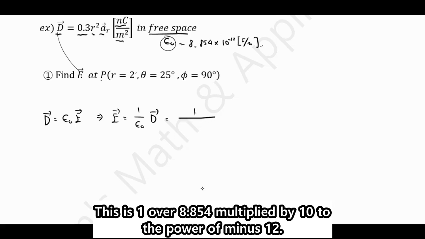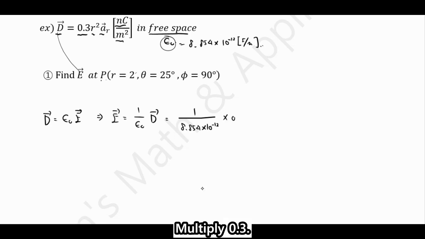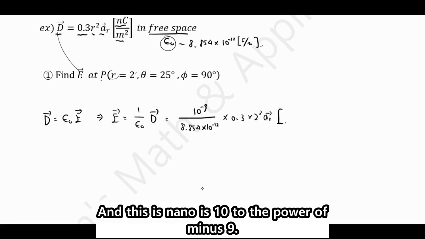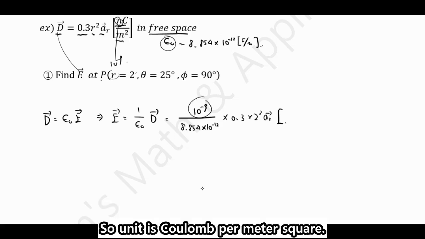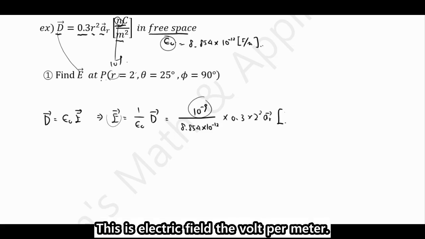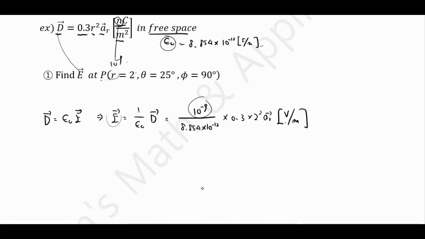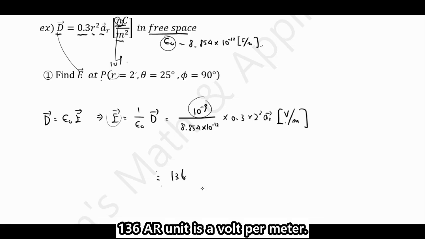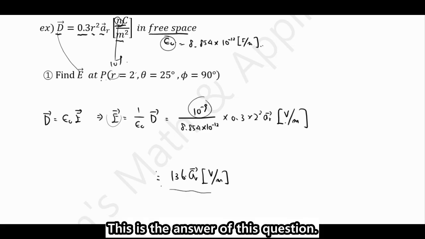So this is 1 over 8.854 multiplied by 10 to the power of minus 12, multiplied by 0.3, with r equal to 2, so 2 squared a_r. Then 10 to the power of minus 9 for nano, so the unit is coulomb per meter squared. The electric field unit is volt per meter, and the answer is approximately 136 a_r volt per meter. This is the answer to this question.